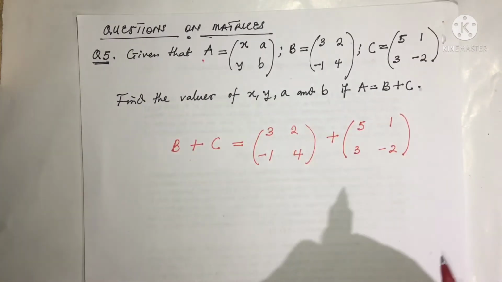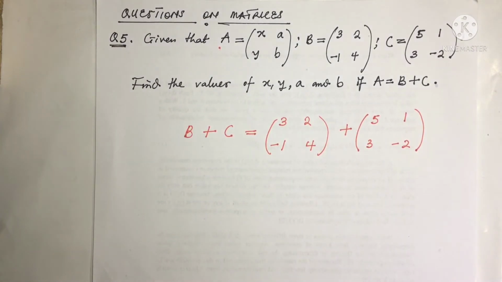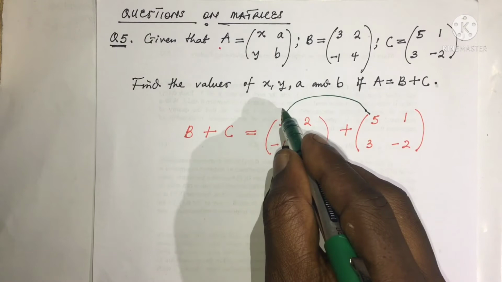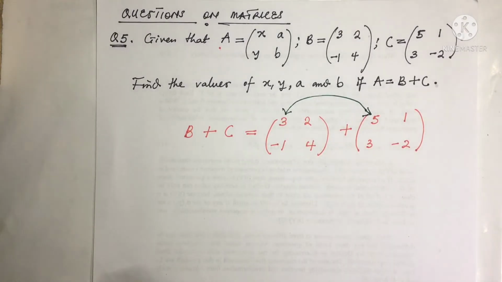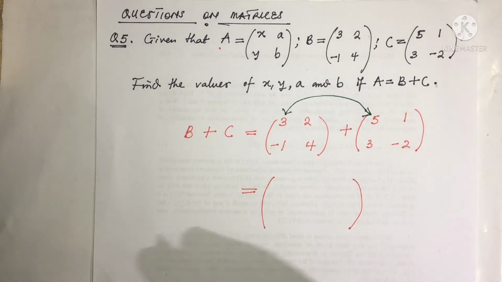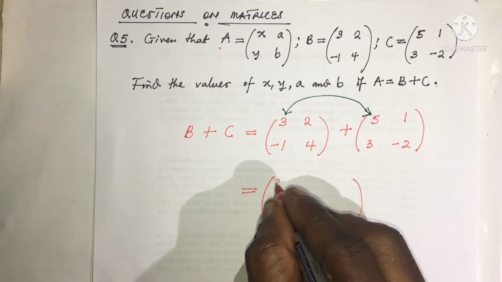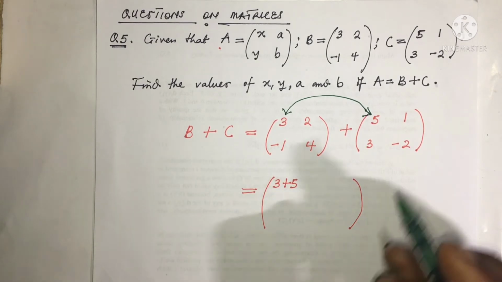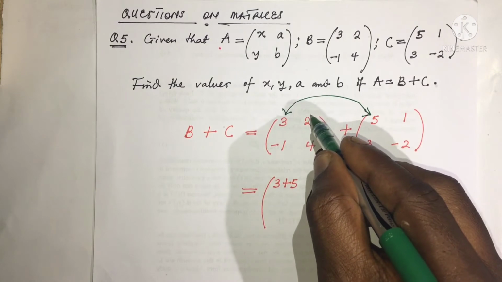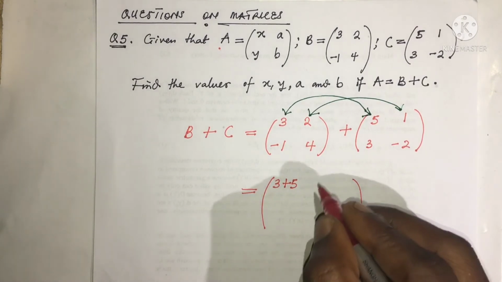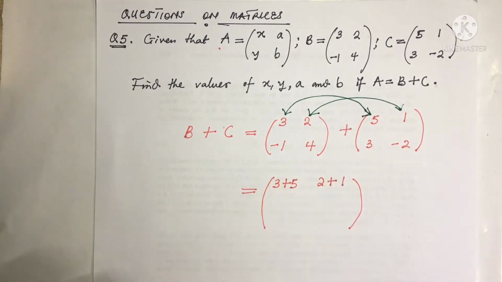Okay, now how do we add the matrices? We add the matrices by adding numbers in similar positions. So 3 would add to 5, and that will give us 3 plus 5. Why am I adding 3 to 5? It is simply because they occupy the same position in the 2 matrices. The next one is adding 2 to 1, because they occupy the same position in the 2 matrices.